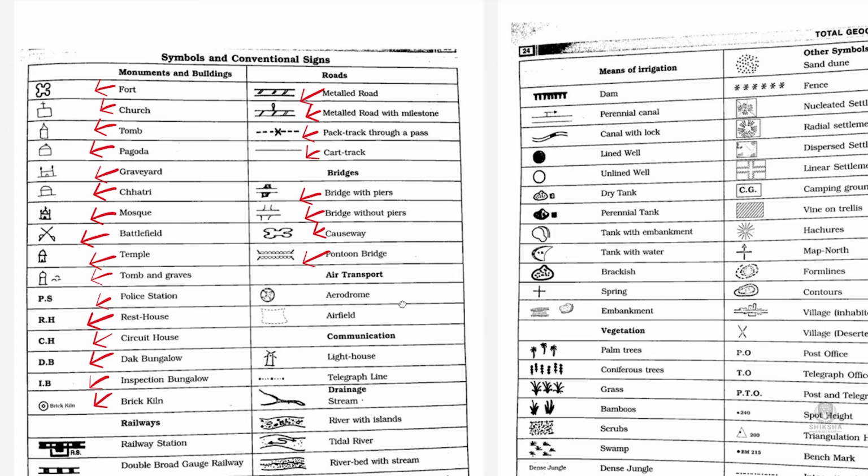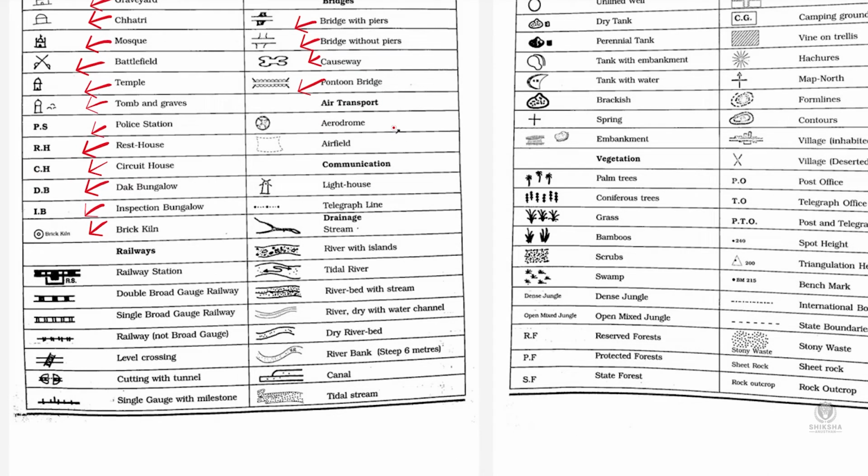For railways, you can see the rail station, double broad gauge, single broad gauge, railway level crossing, cutting, tunnel, single gauge, milestone. Then aerodrome, you can see the airfield, lighthouse, telegraph line, drainage stream, river with islands, tidal river, the symbol here.